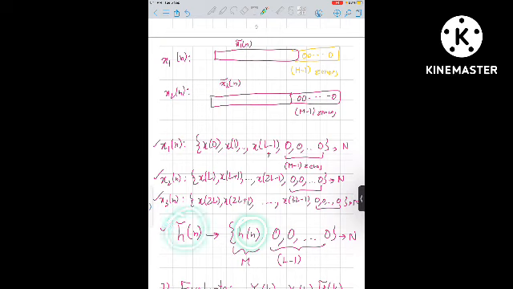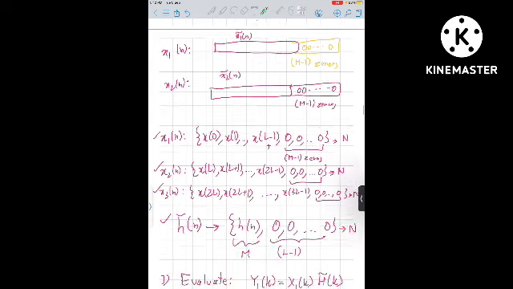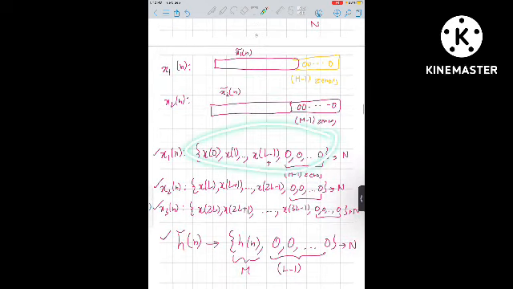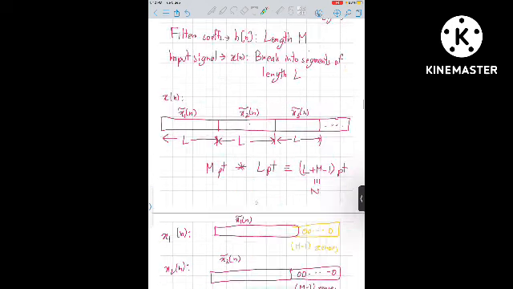So now what do we do? We first evaluate y1 of k equal to x1 of k times h tilde of k. So these are the DFTs. x1 of k and h tilde of k are the DFTs of x1 of n and h tilde of n, which have been obtained by FFT. In the chip you will use the FFT algorithm or architecture, but for our hand-drawn purposes we will not worry about what is going on in the FFT.